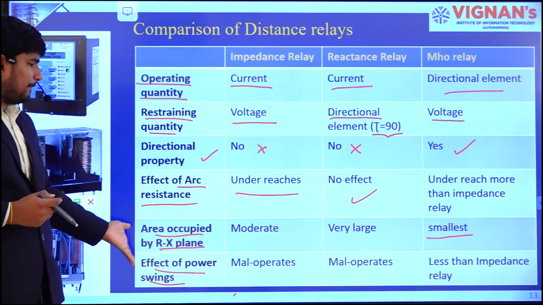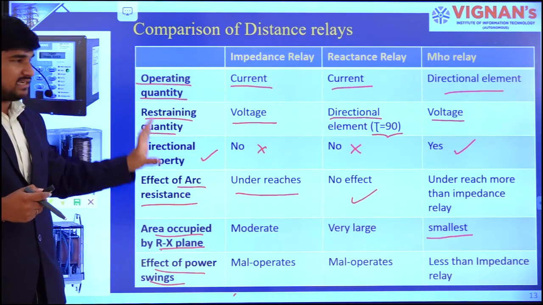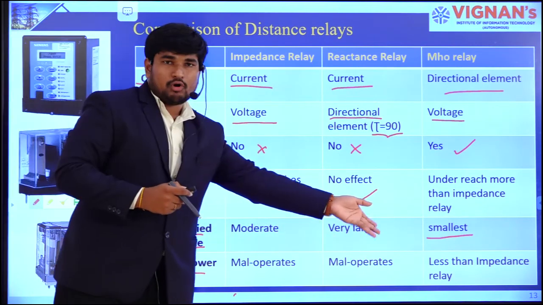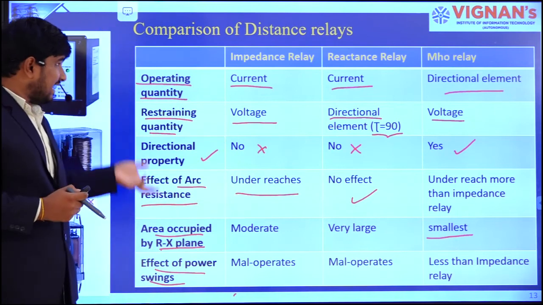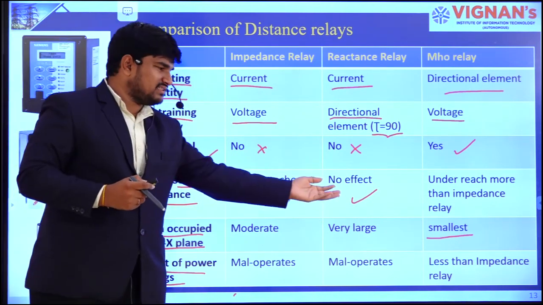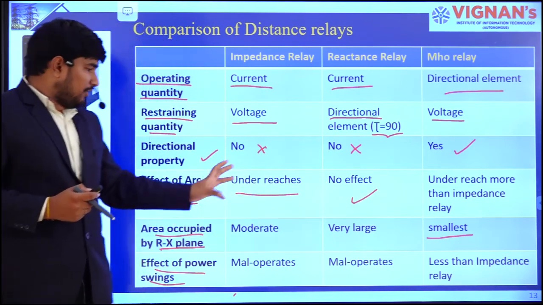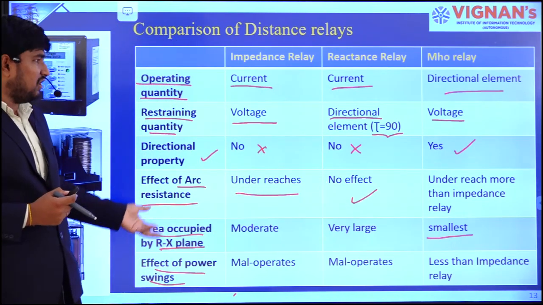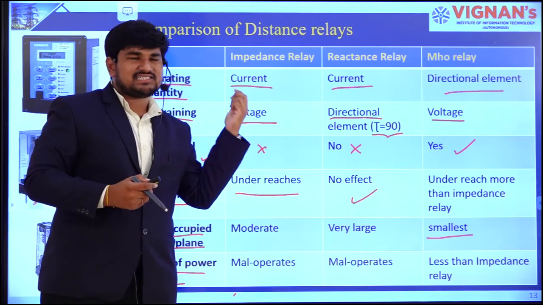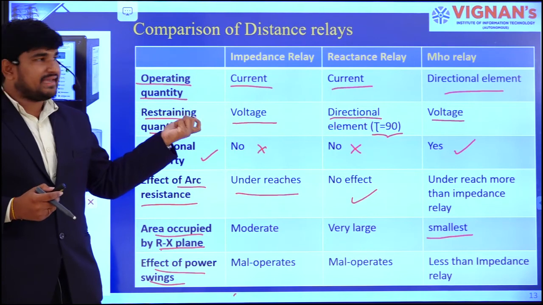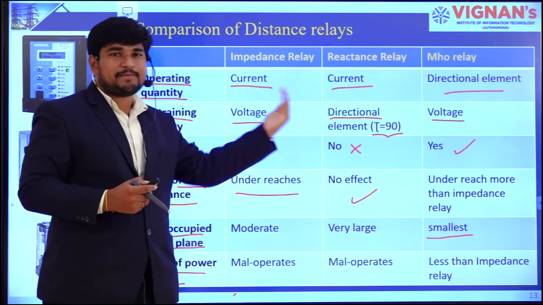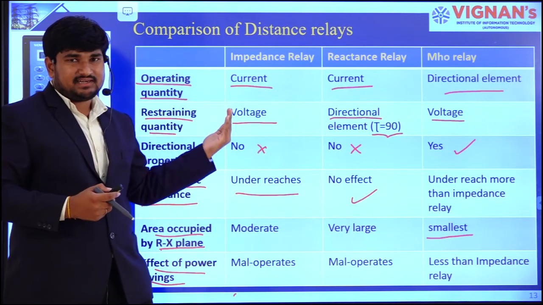According to the application, if the transmission system is prone to power swing, we will use the Moore relay, or if the transmission system is prone to arc resistance, we will use the reactance relay, or for moderate operations, we will use impedance type relays. So these three types of distance relays are present.